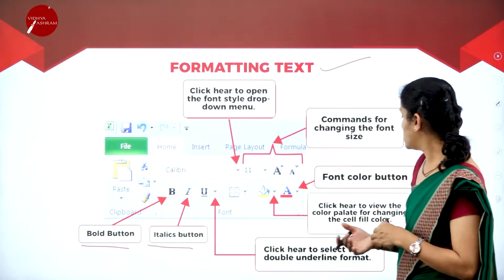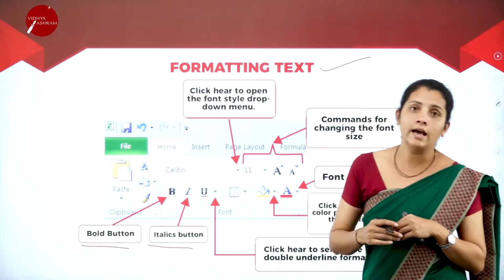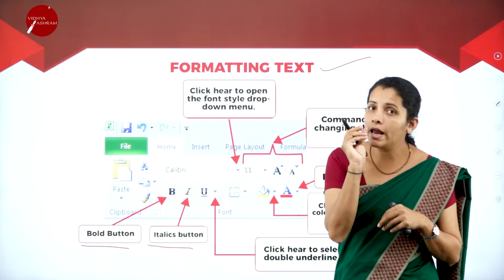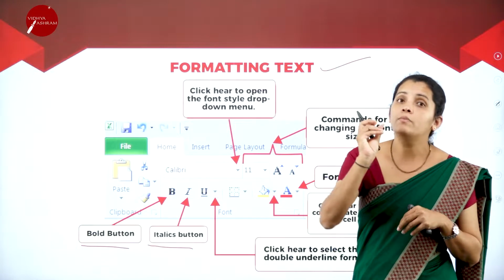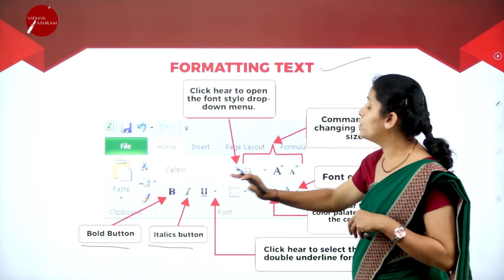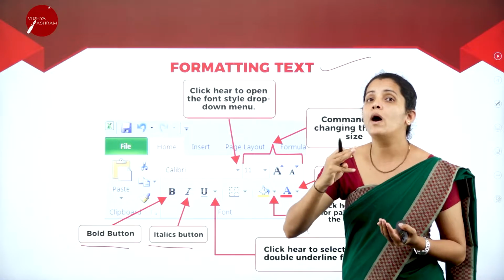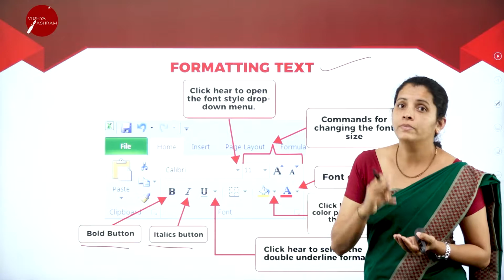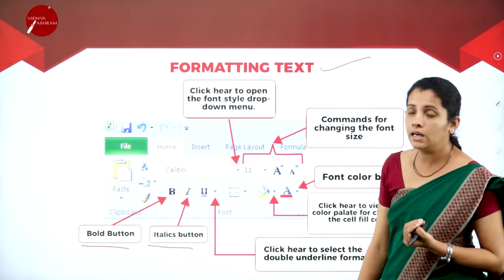And if I want to underline any data or any column value, I have the option underline. If I want to put a double line, then I have the option called double underline.